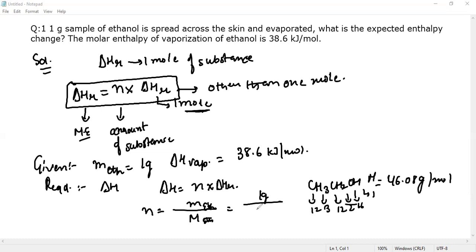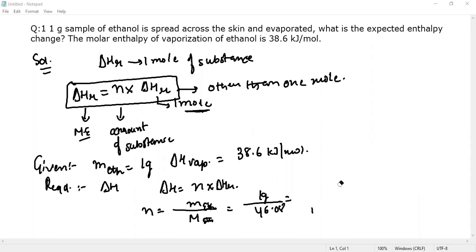So I will use this molecular mass here: 1 divided by 46.08. Let's put it in the calculator and find the number of moles. The number of moles is 0.021701.